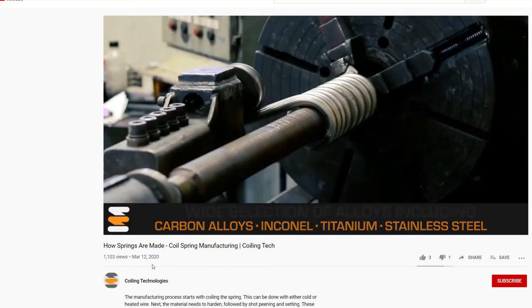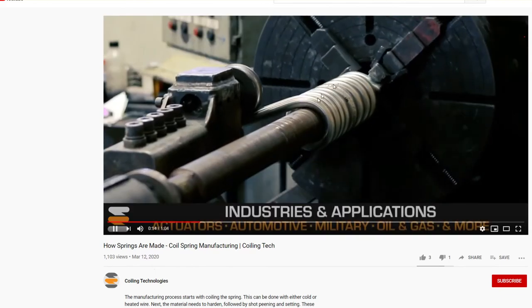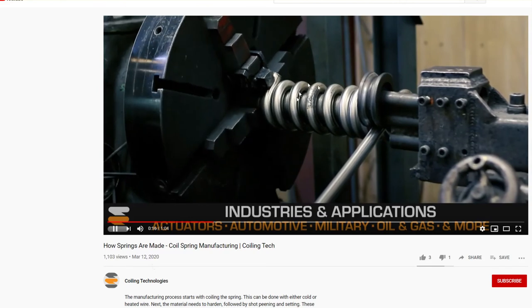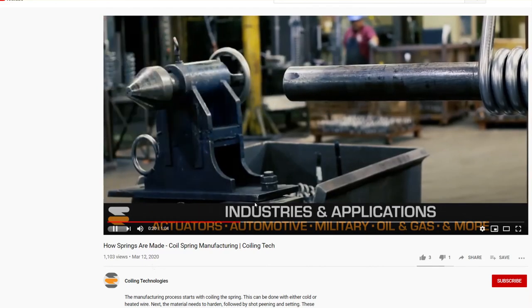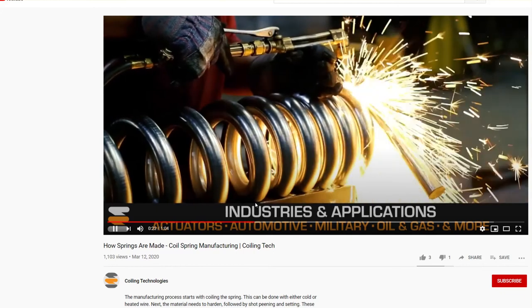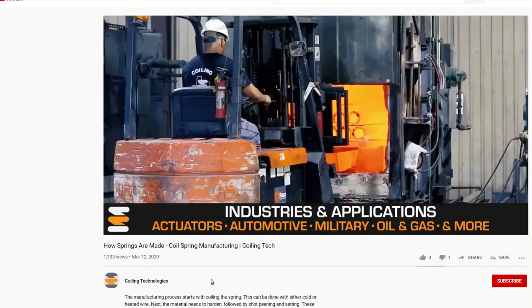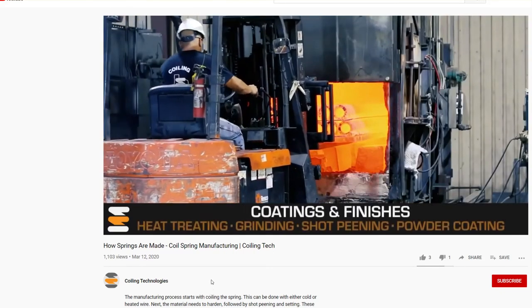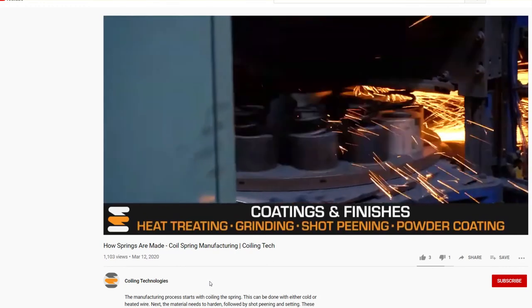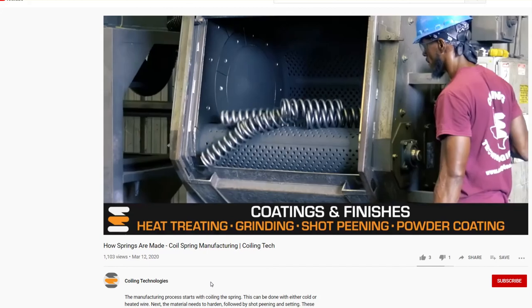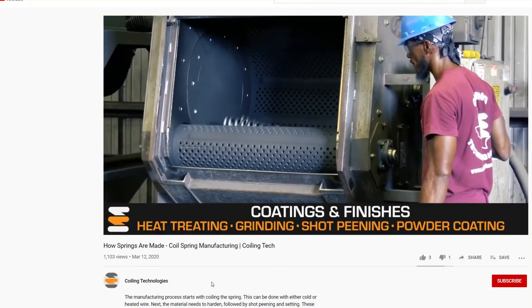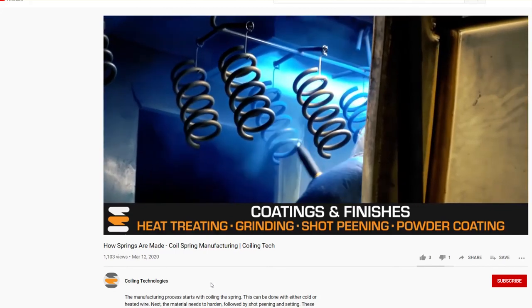You can see how they cut the wires. You can see right here that they're wrapping this around, how the coil is actually built. We've got the machinery to do that, and many different applications. This is one company that does these. You can see how they give heat treatment, sometimes with heat treatment, cold treatment, different types of treatment. Sometimes they paint them.